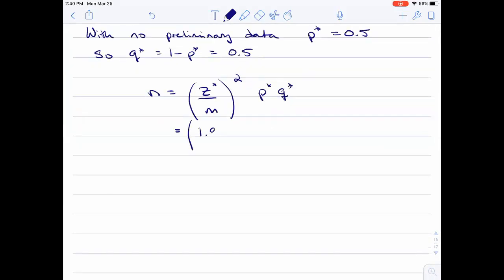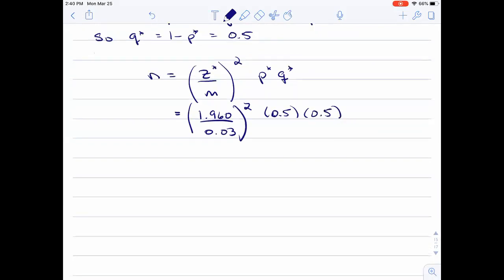We've got 1.960 divided by 0.03, squared, times 0.5 times 0.5. 1.96 divided by 0.03, I'll write out my answers just so you can check your work, is 65.33 repeating, times 0.25.